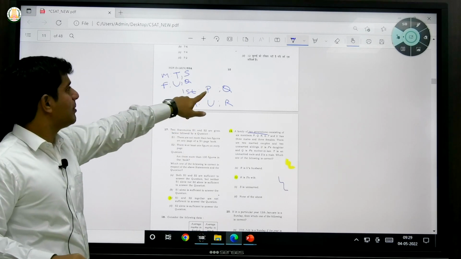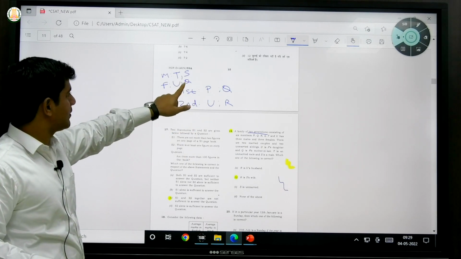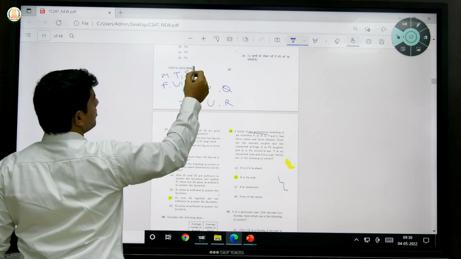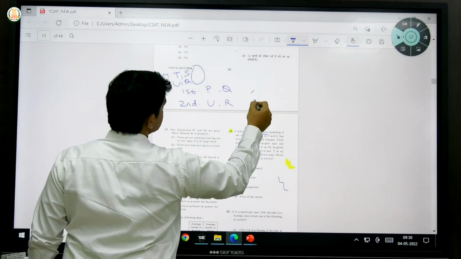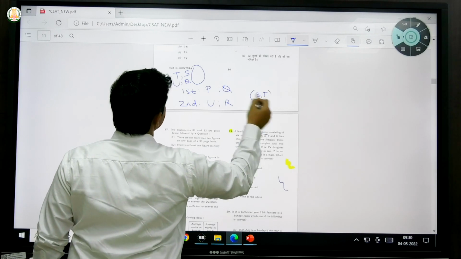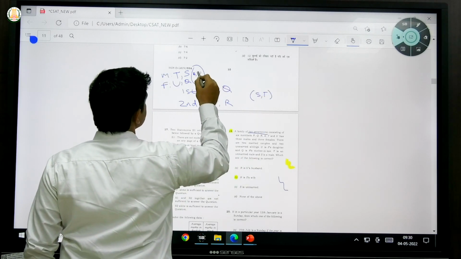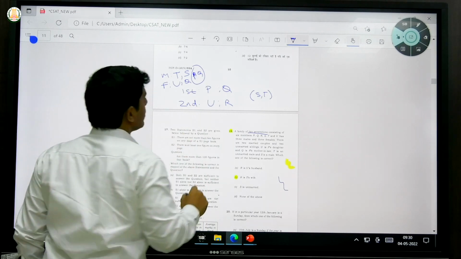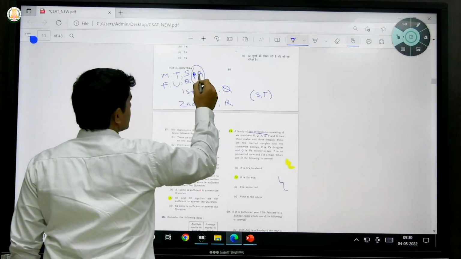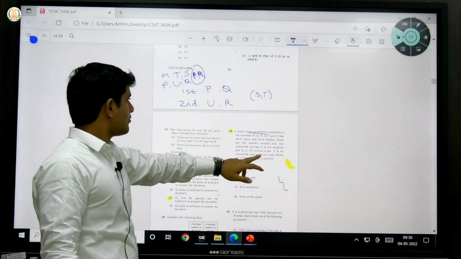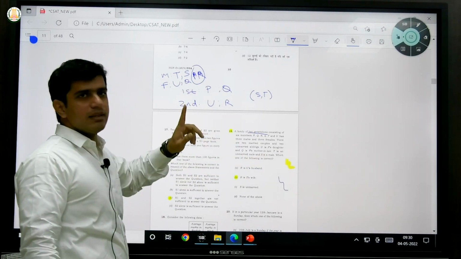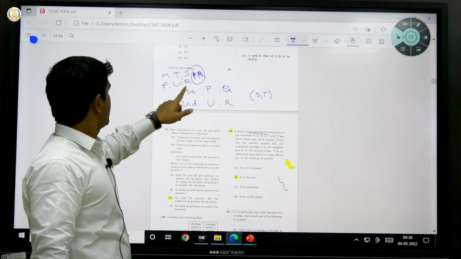But we know that P belongs to, what else is left here? Like here, you know, P, Q, R. So what is missing here? S and T are missing. Here P and R are missing. Now it says T must have a sibling. So T is male.